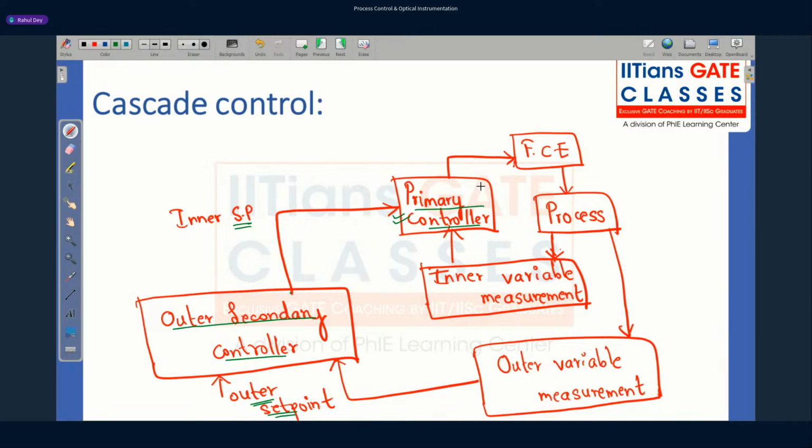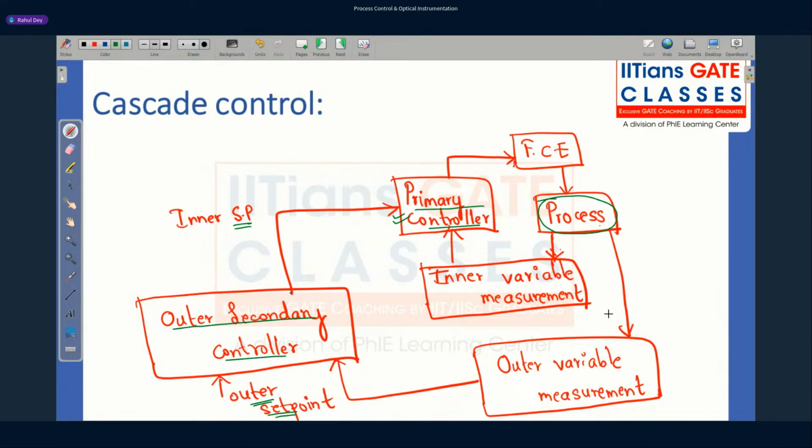Understood? So why do we have two loops present over here? Understand very carefully what I am speaking. If in a process one of the parameters has a larger effect compared to another parameter.